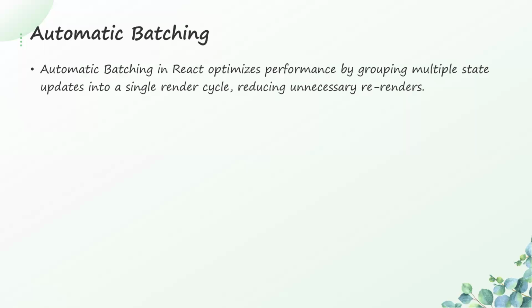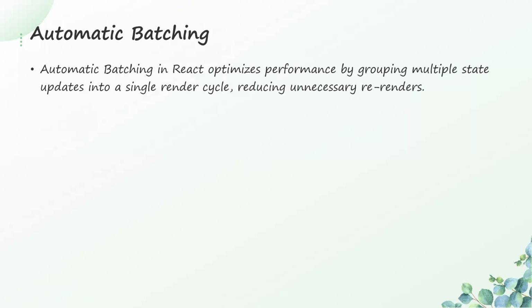Automatic batching in React optimizes performance by grouping multiple state updates into one render cycle, reducing unnecessary re-renders. Let me explain a bit here. Whenever a state in your React application changes, React will call the render method of that component.